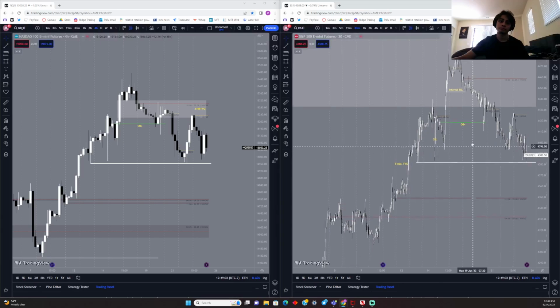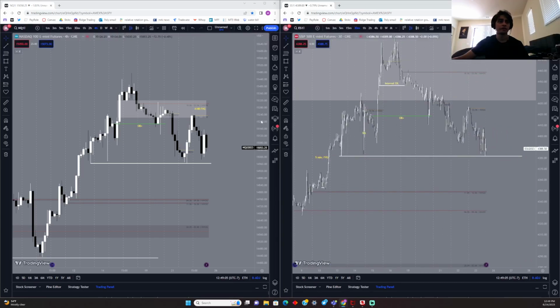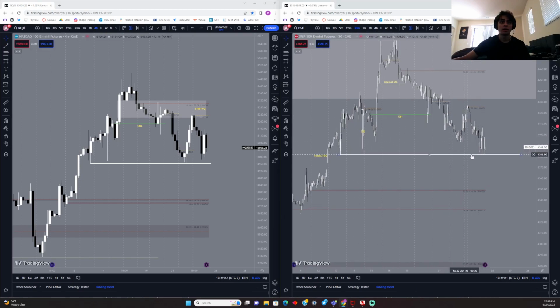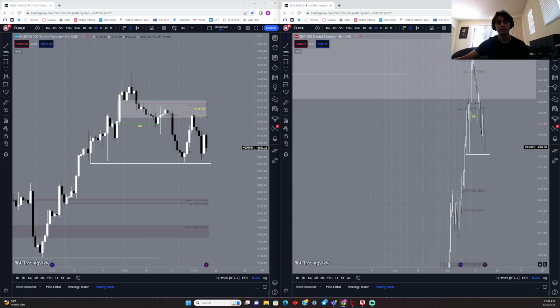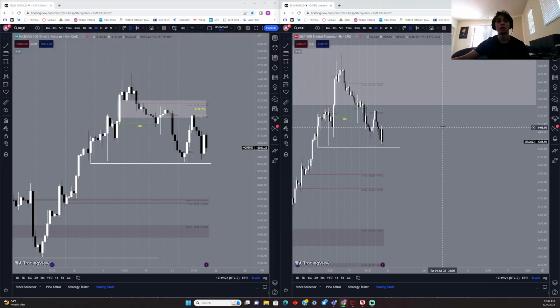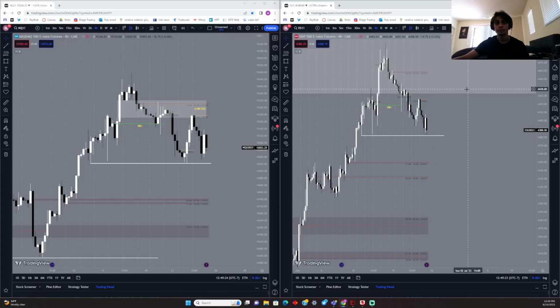So now we're ending the week on both sides, NQ and ES. We have sell side liquidity down here, and as well right here. So looking at next week, definitely be looking to see this get taken, and then probably even see additional downside after that.